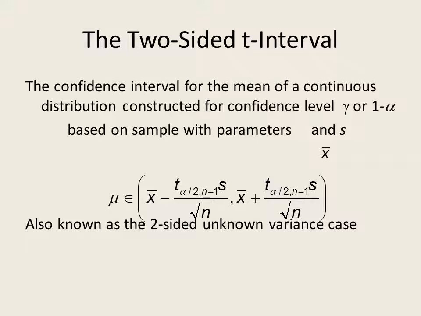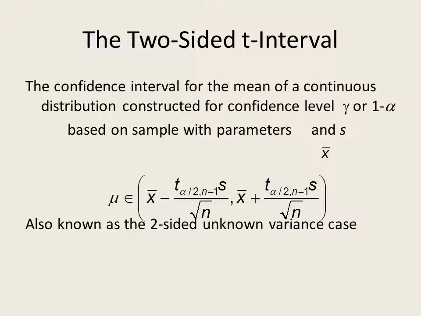And here is the two-sided confidence interval, the t-interval, for the case of an unknown variance, where instead of having a sigma that somebody has told us from previous experience, we're going to have to use our sample standard deviation s. Notice that in this confidence interval, we need to use a t of alpha over 2.